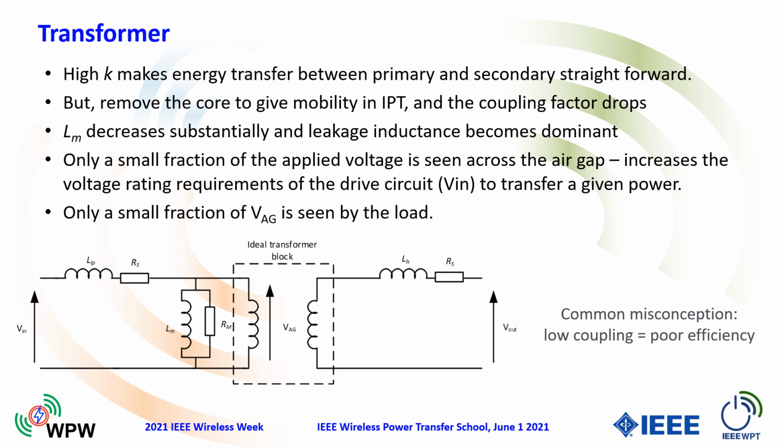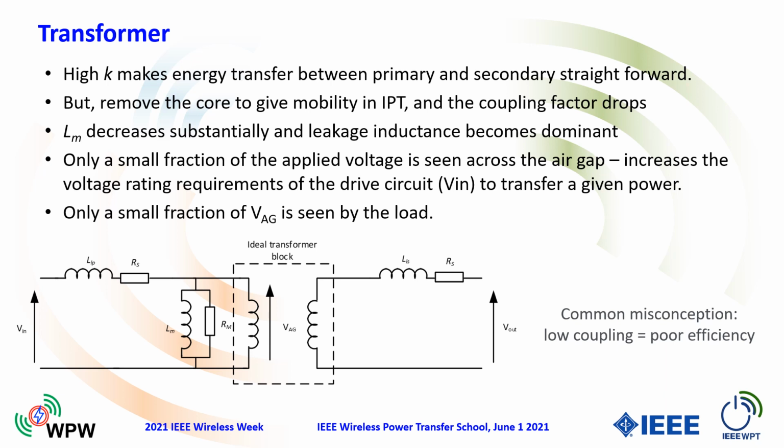And that's a problem because that can mean that we now have to drive very high voltages onto the primary in order to be able to get a reasonable voltage out of the secondary. It does not, however, automatically mean that low coupling means low efficiency. That is not true. If that was true, wireless power transfer systems would never be practical.